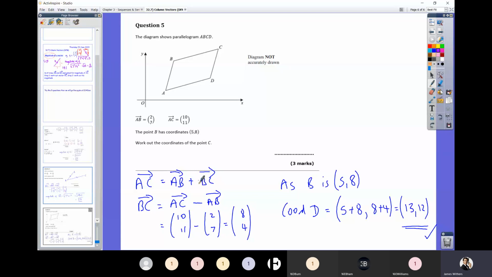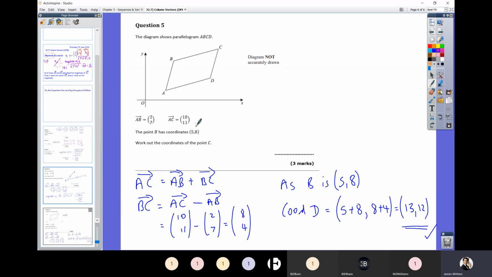So substituting these in, because I know both of these, A to C is 10, 11, and I'm taking away A to B, which is therefore 10 take away 2 is 8, 11 take away 7 is 4. So I know to go from B to C, I've got to go 8, 4. Okay? B to C is 8, 4.